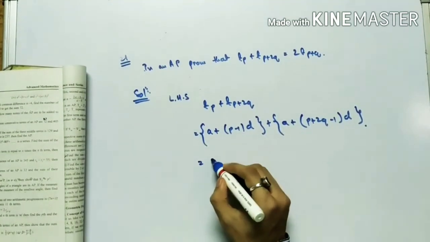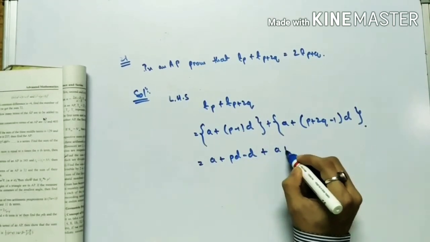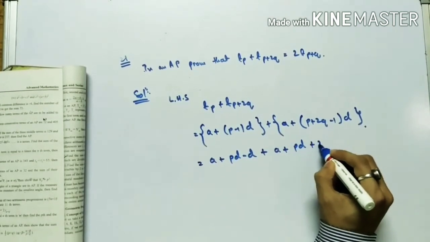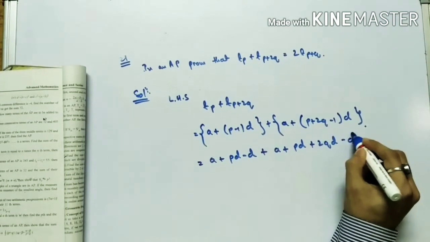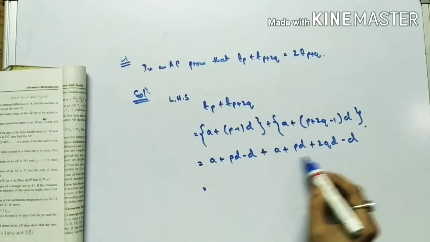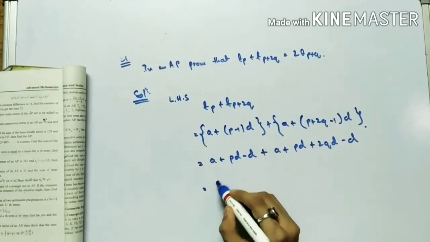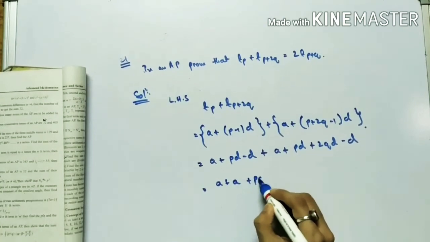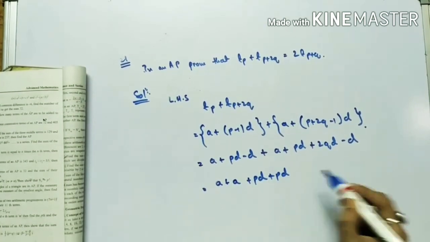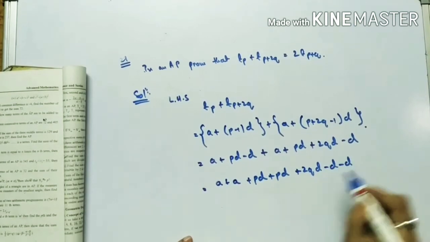So now you see this one, a plus pd minus d plus a plus pd plus twice qd minus d. Now in here you see what I will get. a plus a, this one I can write as a plus pd, plus twice qd minus d minus d.